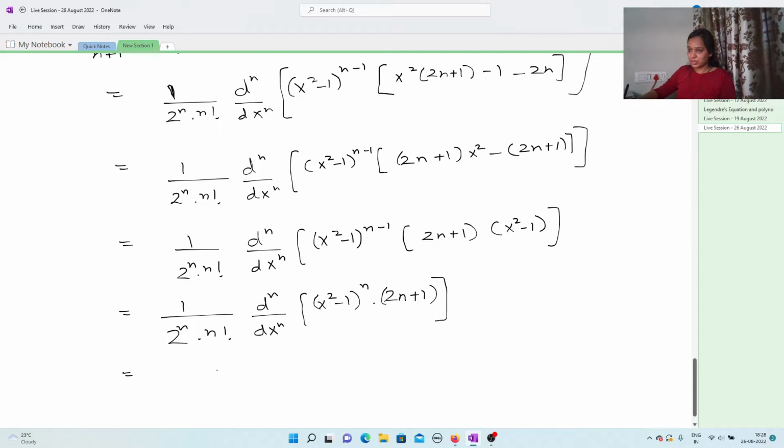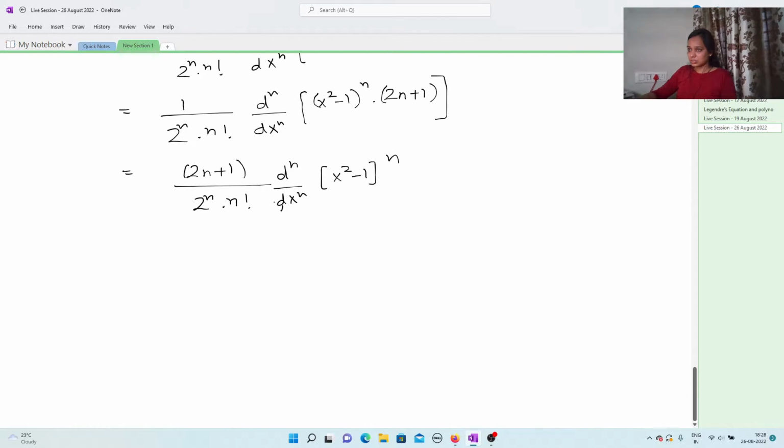So I can take 2n plus 1 outside: 2n plus 1 over 2 to the power n into n factorial, d n over dx n into x square minus 1 to the power n.